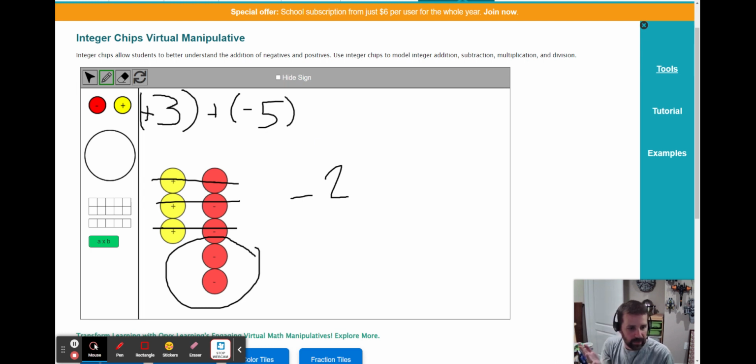Where does it end up? -2. The warehouse example is kind of weird because, who's got air conditioners that are exactly -1 degree and heaters that are exactly +1 degree? But it's just a way of thinking about it. I think addition, most kids get that pretty quick, and you could just do this at home. You just draw the integer chips.